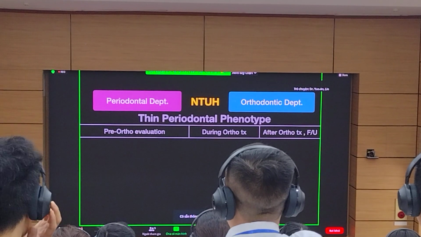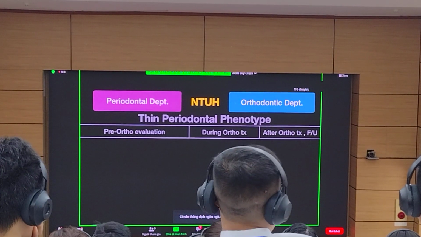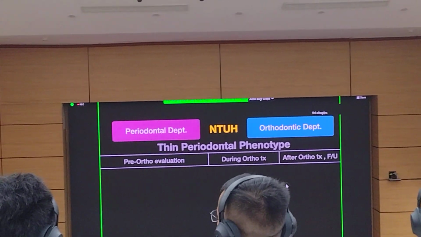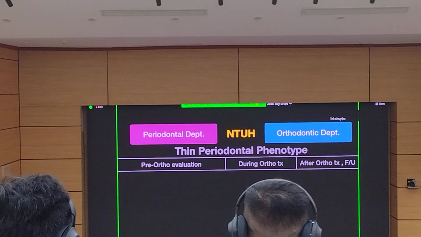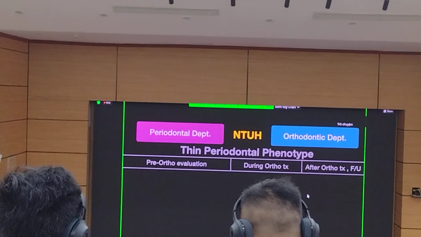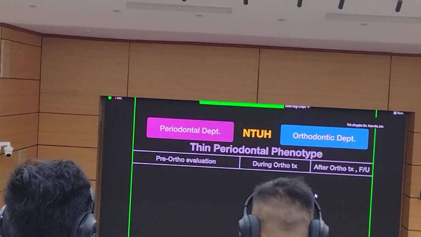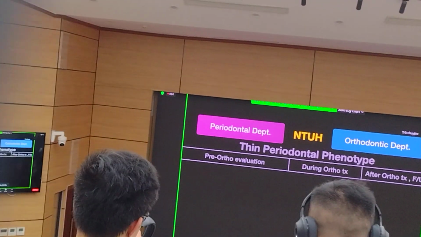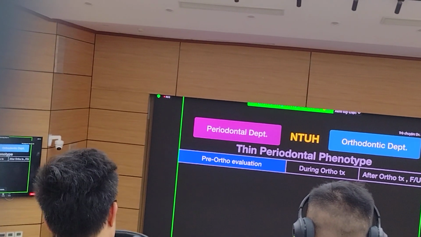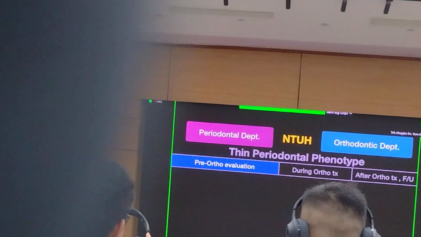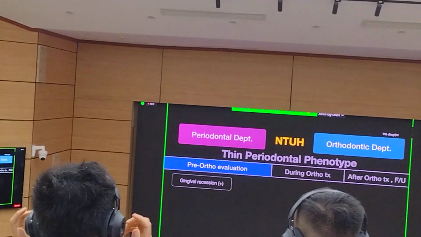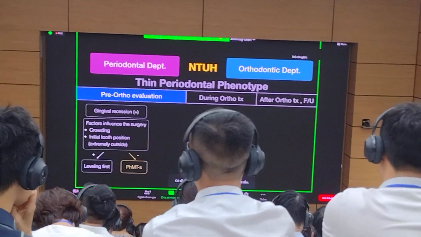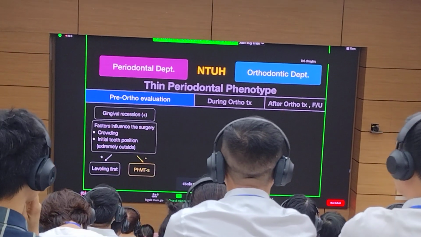In our hospital, when facing patients with thin periodontal phenotype, whether the phenotype modification is necessary for prevention of related complications mainly depends on the experience of both the periodontal and orthodontic departments. Before the orthodontic treatment, if the gingival recession has already existed, usually they will arrange treatment prior to the orthodontic treatment.